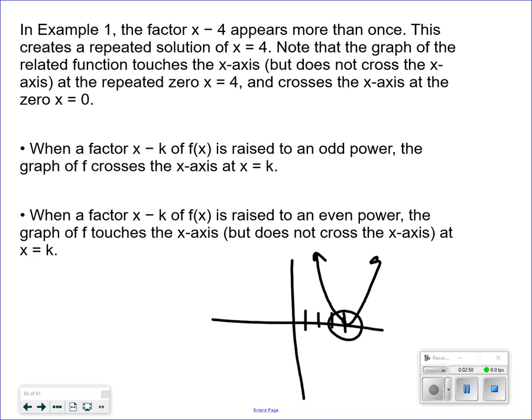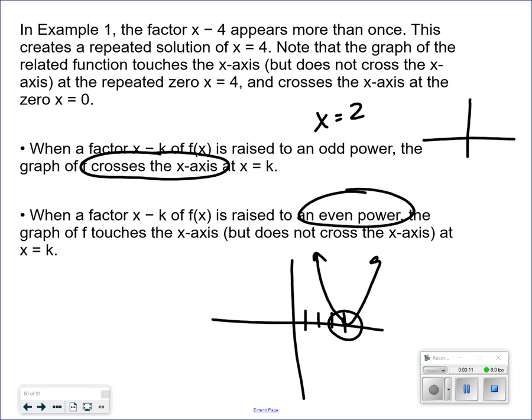So an even number of times. If it's an odd number of times, it'll actually cross the x-axis. So if I had just x equals 2 and it was the only time that it was an answer, then it would cross at 2. It all depends on how many times something occurs. If it touches, what you'll need to know is that it happens twice. And if it doesn't touch and goes through, it happens once. But technically speaking, it's an odd number of times and an even number of times.